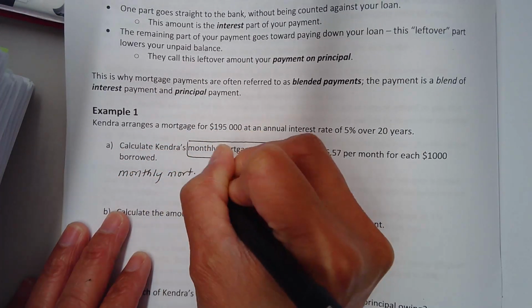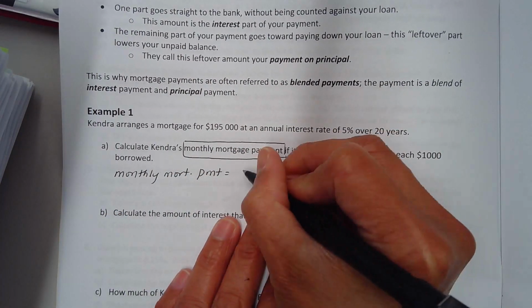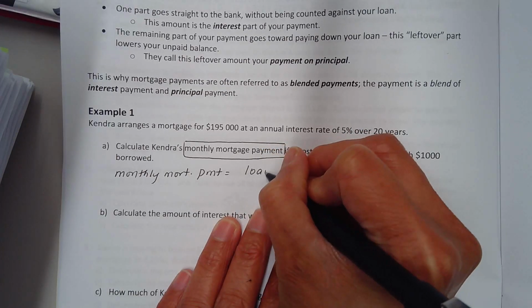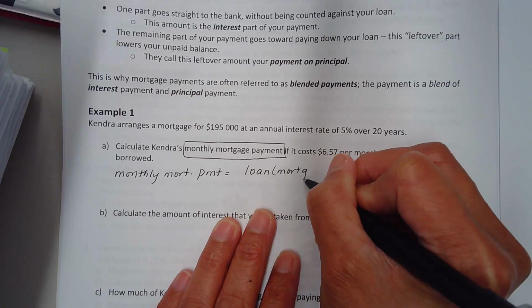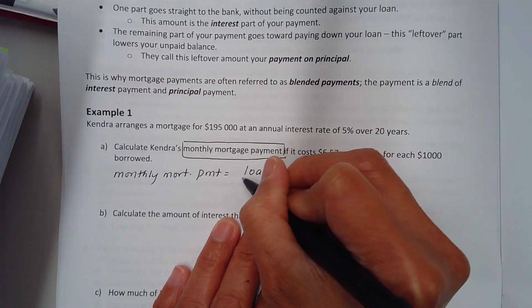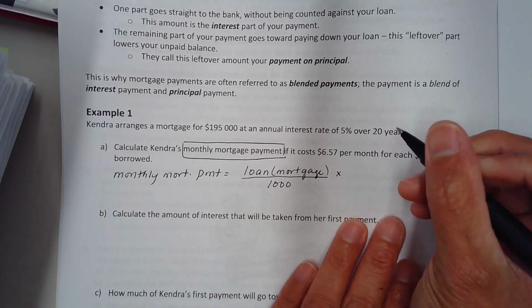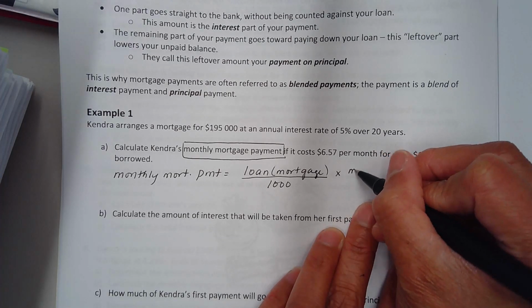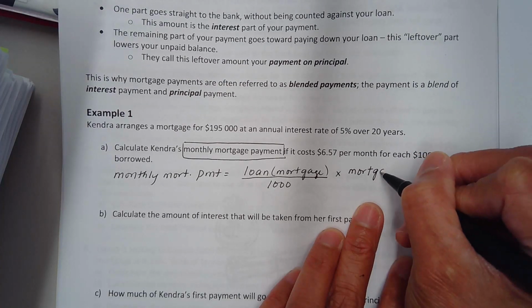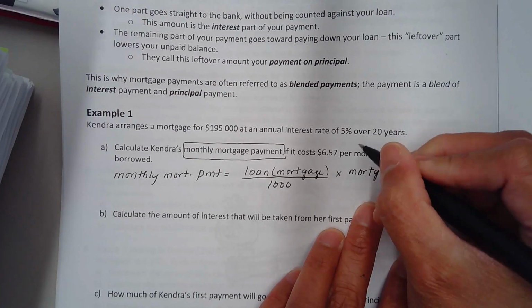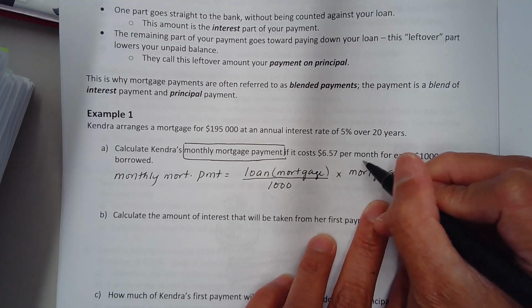Monthly mortgage payment is equal to the loan, or the mortgage, divided by 1,000, times the mortgage amortization rate.